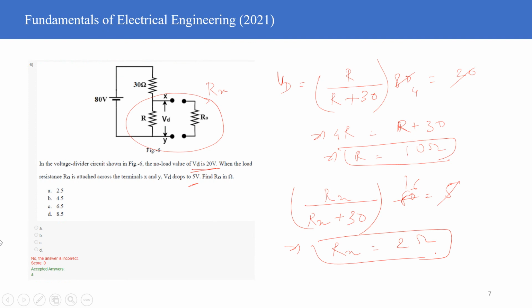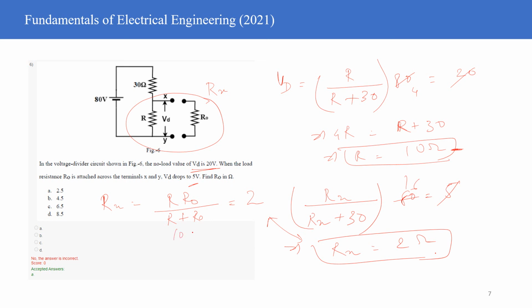So Rx is equal to 2 ohms, but I also know that Rx is equal to R into R0 divided by R plus R0, because these two are now in parallel, right? And this is given as 2 ohms, which you have just calculated. You also know that R is equal to 10 ohms.